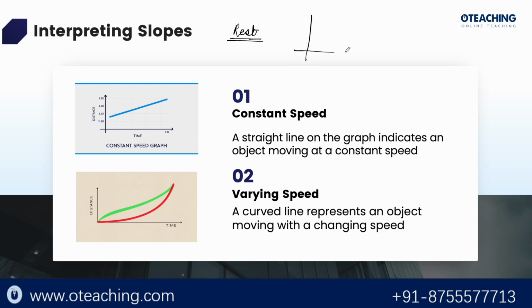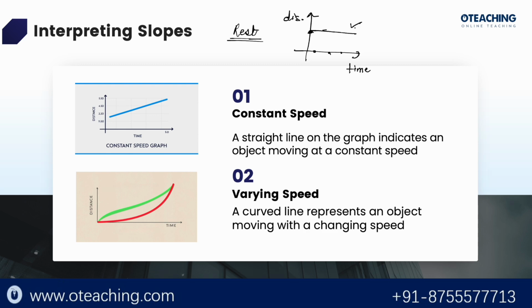What does the distance time graph of an object which is at rest look like? It would be a straight line parallel to the time axis, which means that the object is at rest. It is not even moving. With the passing time, its distance is the same.